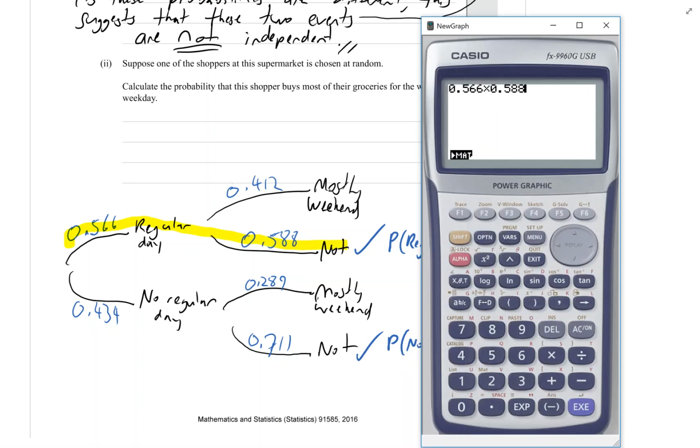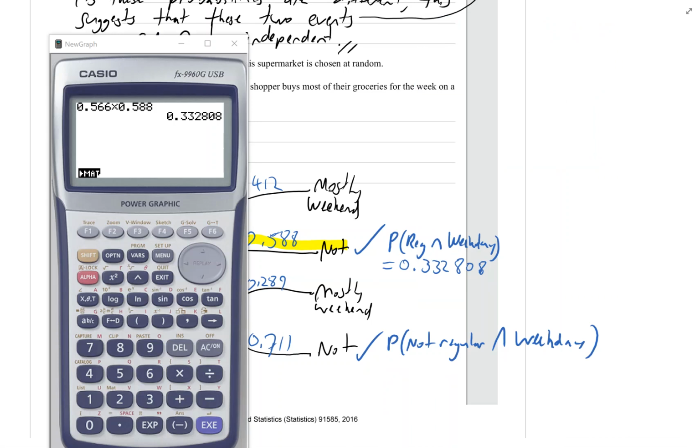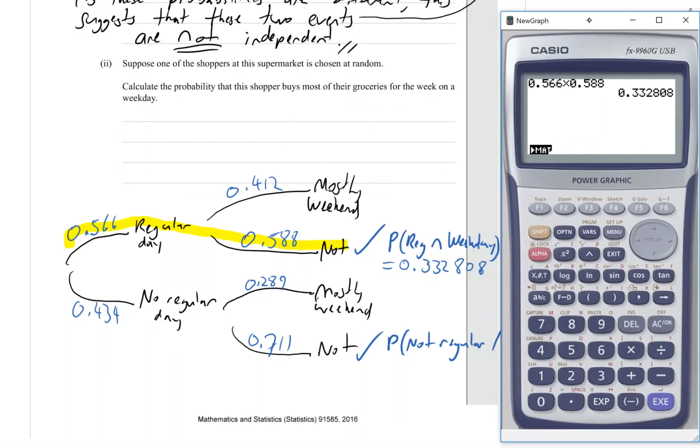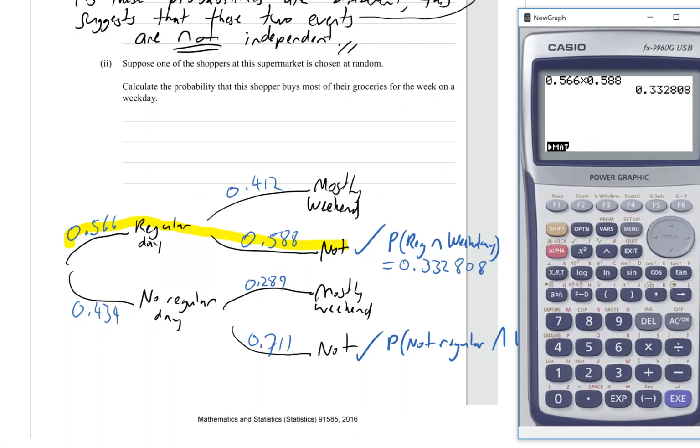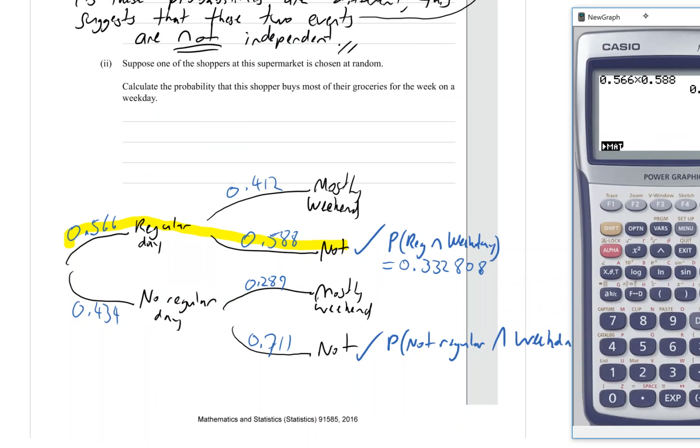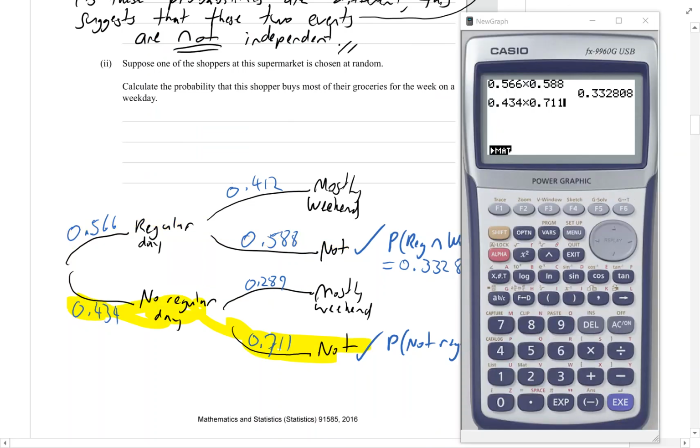So equals 0.332808. And then same thing for the not regular people who shop on a weekday. So 0.434 times 0.711, and we get 0.308574.